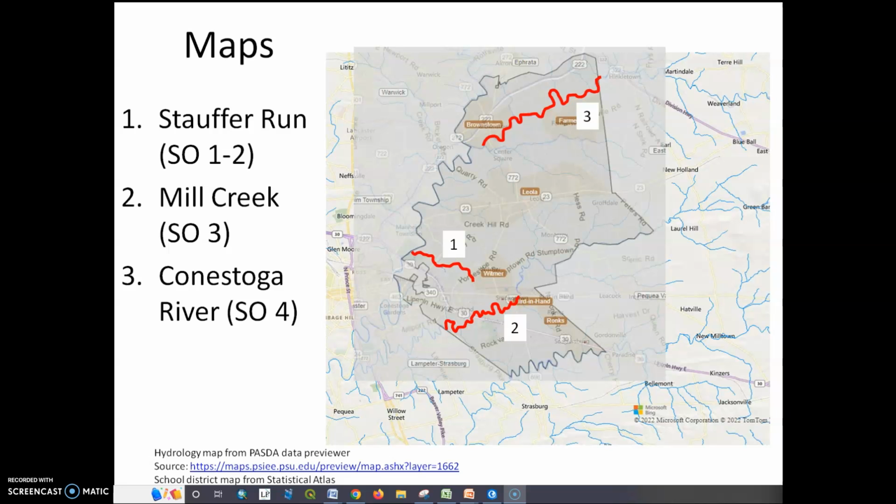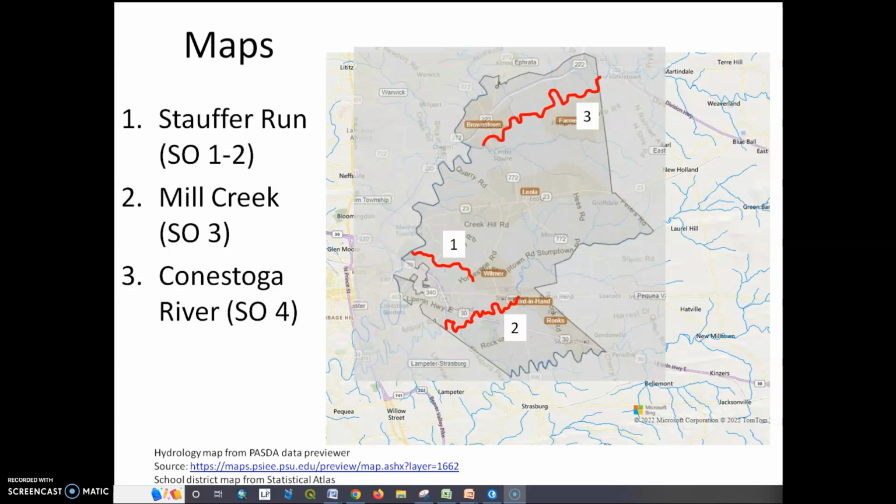Something else that has come out of this project, and is, I think, very useful from a problem-solving perspective and from an education perspective, is that each of these streams differ from one another in their stream order. Stauffer Run, stream number 1, is mostly a stream order 1.